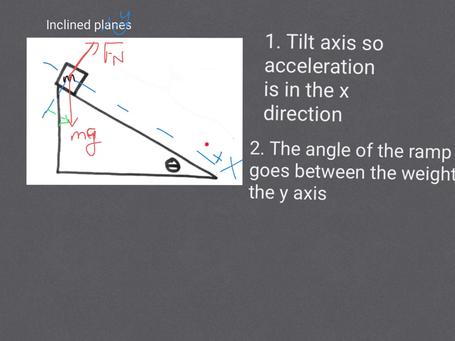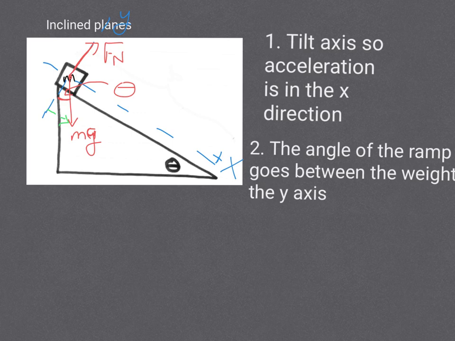But the angle of the ramp is going to be the angle in between the y-axis and gravity. So that would be theta right there. And if we do those two things, the rest of this is cake.